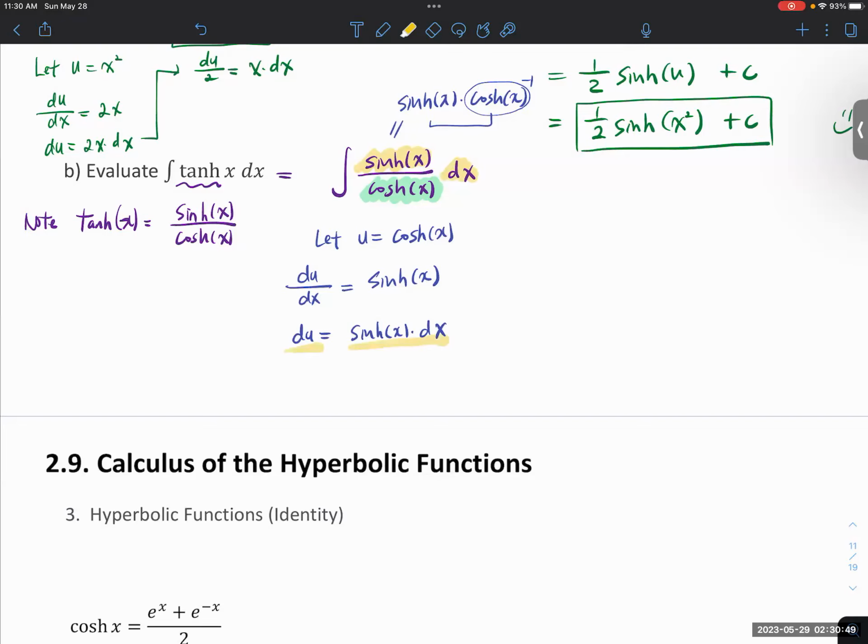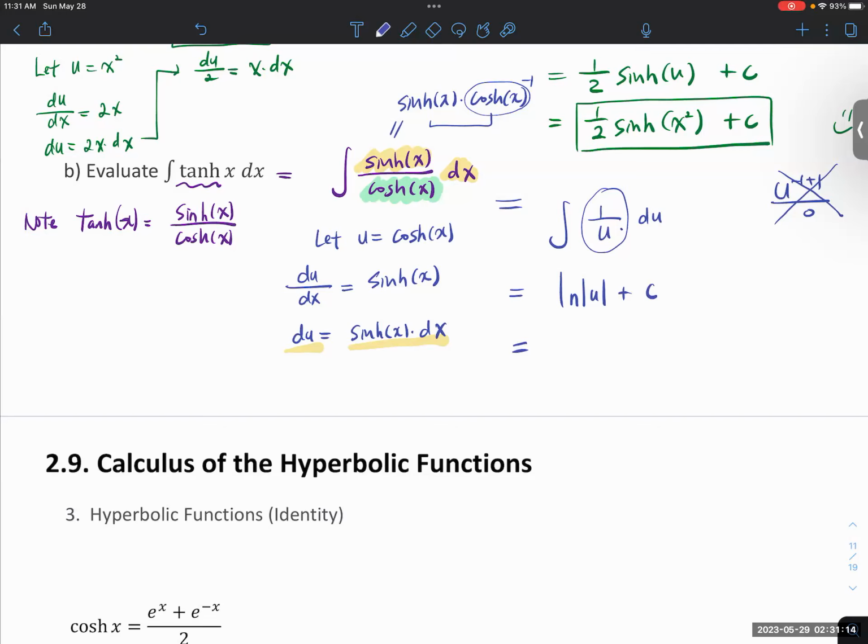That's all I need. I have sinh x times dx, this is a du. So therefore, this is going to be the integral of 1 over u, and then sinh x dx is du. And then we know that the integral of 1 over u is ln|u|, because u could be negative, so we use the absolute value, plus c.